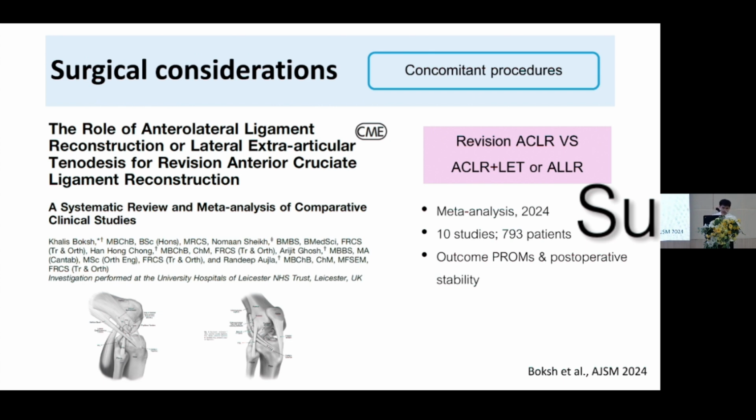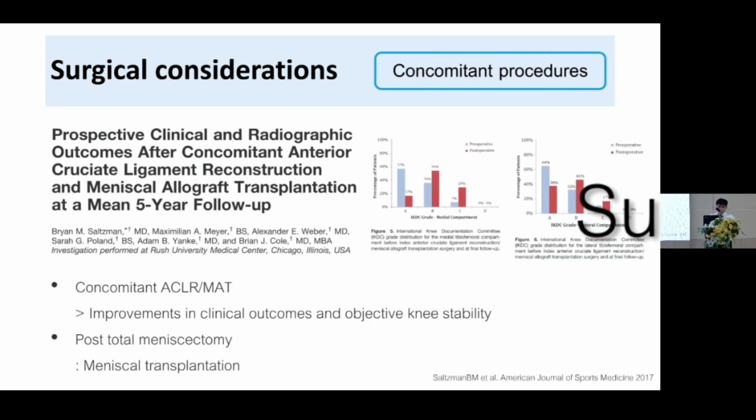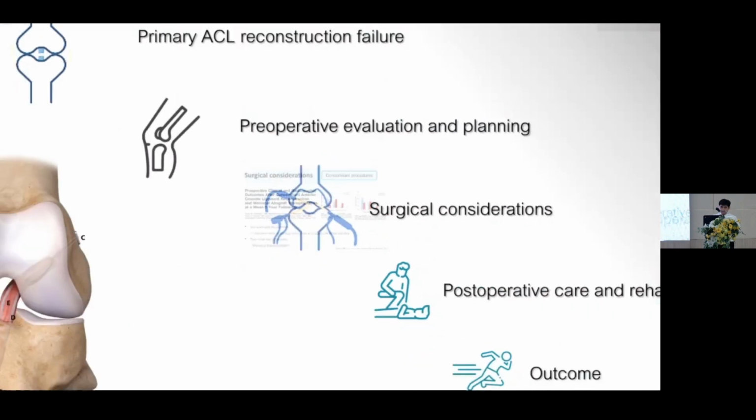So the use of ALL or LET for the revision anterior cruciate ligament reconstruction has been described as beneficial. The meniscus is also the secondary restraint for the anterior translation. So if the meniscus is injured, we have to repair. And in the case of post-total meniscectomy, meniscal transplantation is a choice.